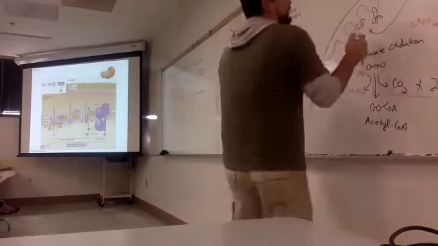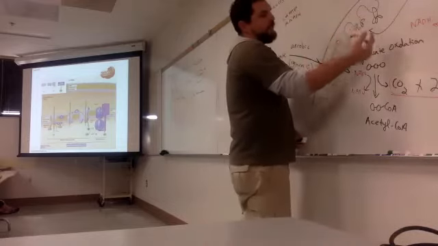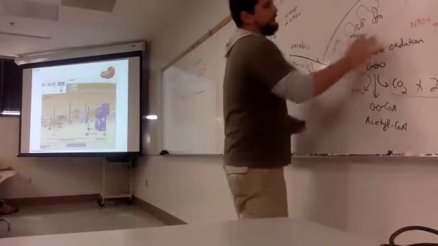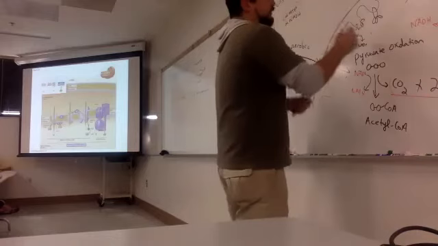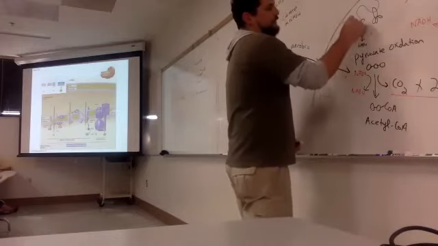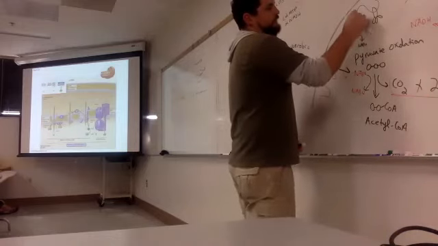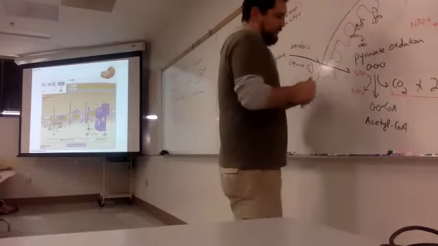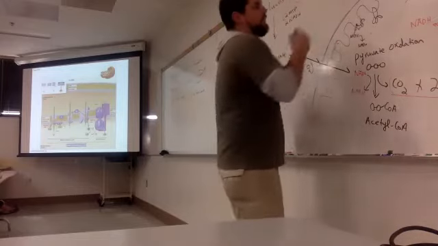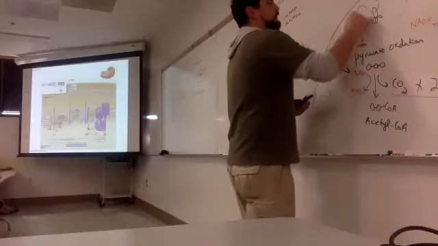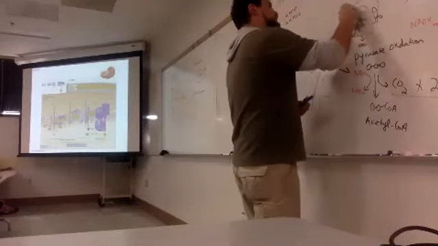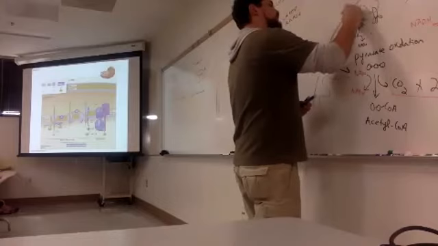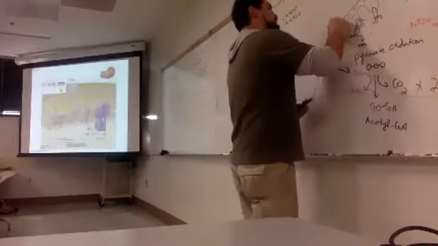Okay, so the final electron acceptor of all of this, and this is important, so I'll write it here. The electrons go through the complex, they get passed around through all these proteins. The movement of that powers pumping of H pluses, so protons, into this inner membrane space.